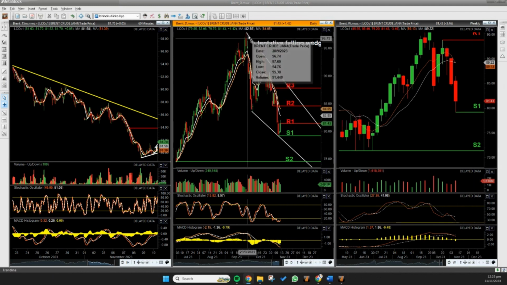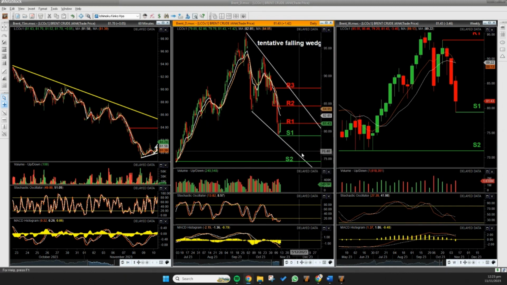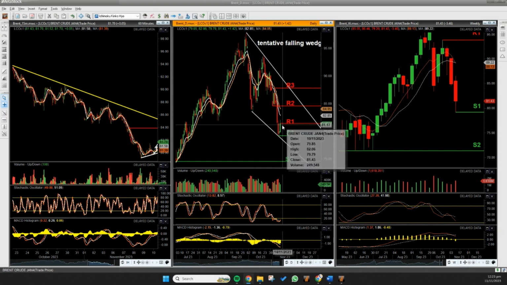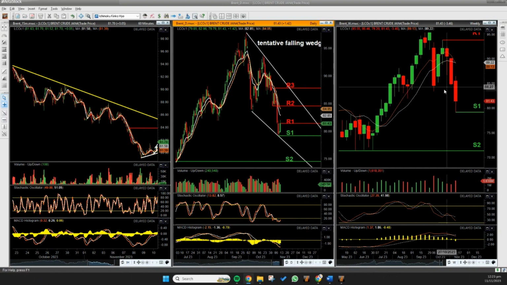On the daily chart, it looks like this. We have drawn in a tentative falling wedge, and we are now looking for short selling opportunities in the peaks. We are probably forming a little bit of a correction higher, and once we figure out where that is in the next couple of sessions, we'll then look for a short selling opportunity.